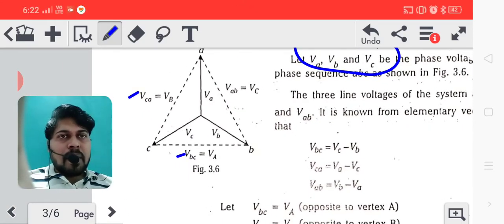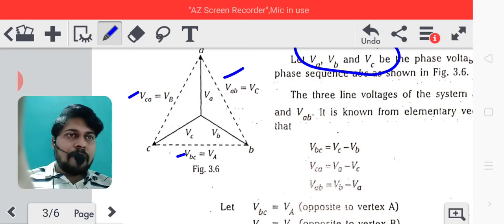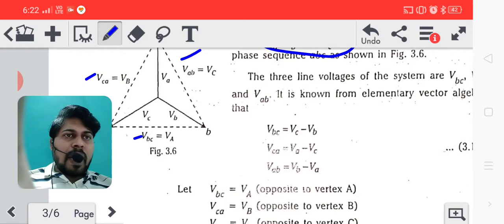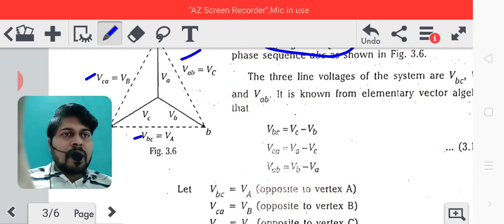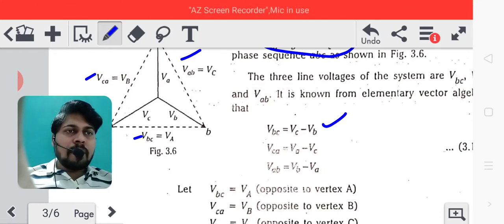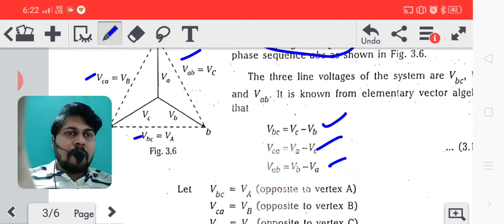From elementary vector algebra, we can write VBC as Vc minus Vb, VCA as Va minus Vc and VAB as Vb minus Va.